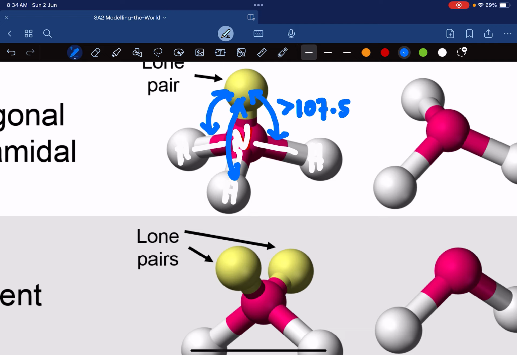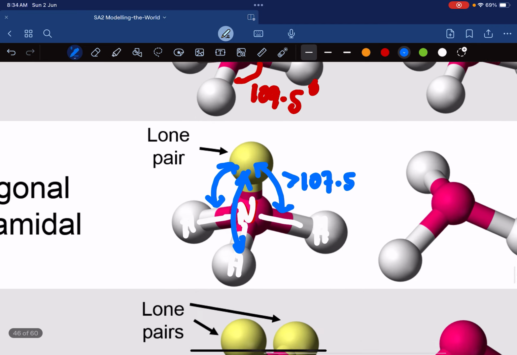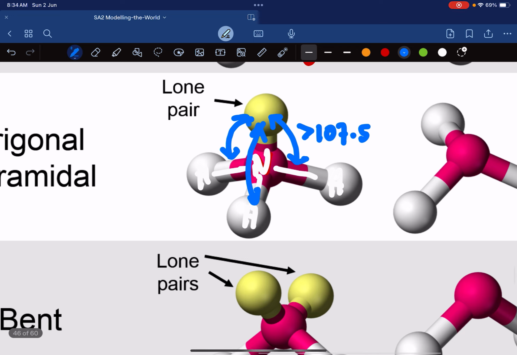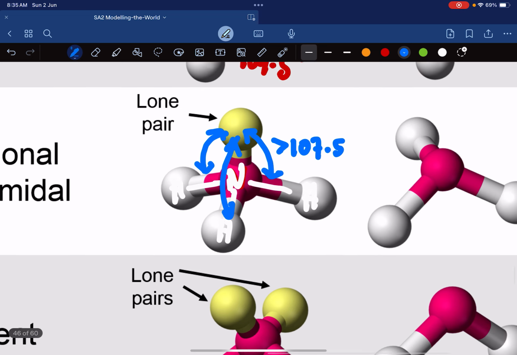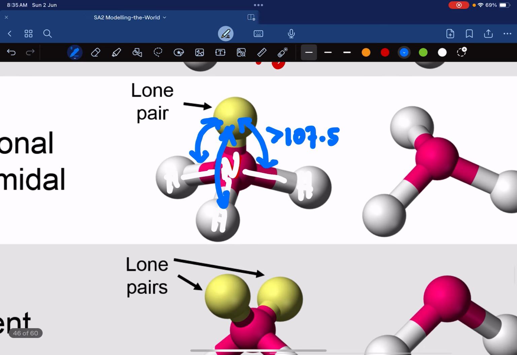Now, earlier in tetrahedral, every angle was the same, 109.5. Now we have two sets of angles. One is 107.5 and the other one is bigger than 107.5. I don't know what it is, and it does not matter what it is, but it's not the same.